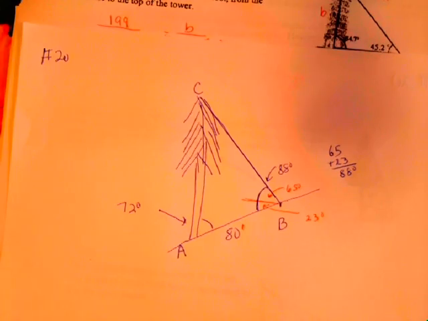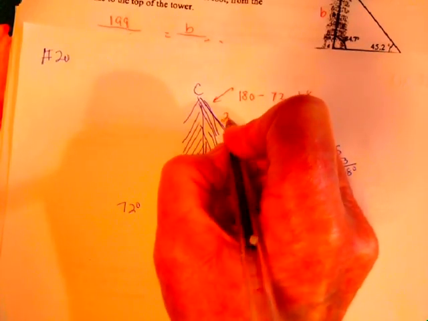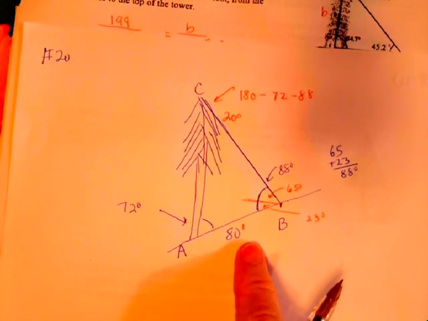If I know the measure of two of those angles of that triangle, then I can subtract 180 minus 72 minus 88, and I know that angle C is 20 degrees. Now, I know an angle and an opposite side.